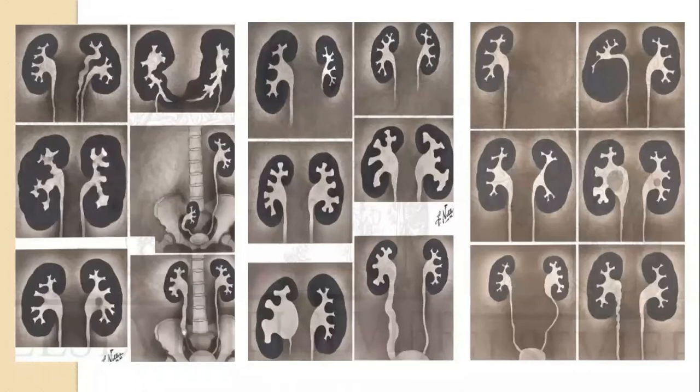These are some pictures taken as part of IVU. Here you can see a complete duplex with compound calyceal systems, a stone, or a filling defect. You can see a horseshoe kidney, a pelvic kidney, a dilated ureter secondary to stones, and a small atrophic kidney.